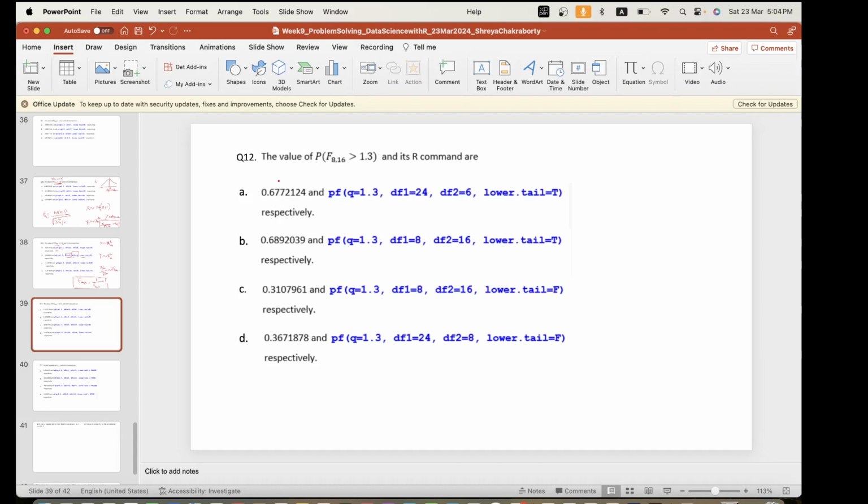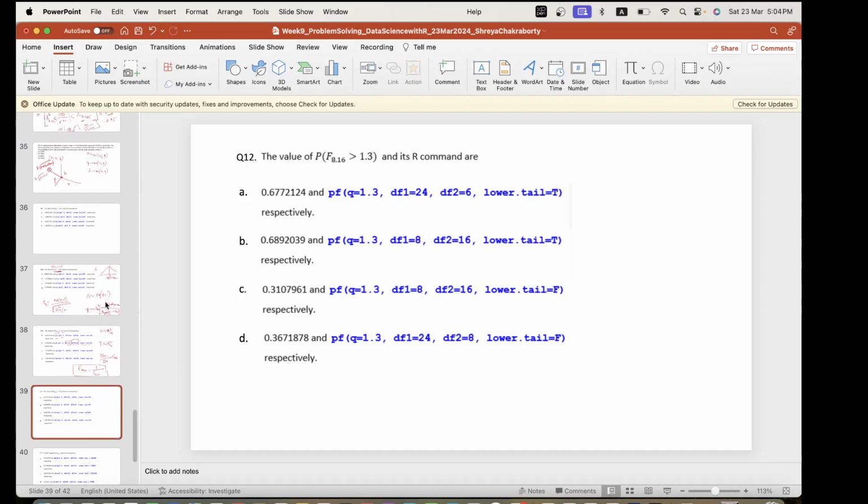But if greater than or equal to is given, then you have to give q equal to 3 if you want to give lower.tail equal to false. So be very careful about this distinction between discrete and continuous random variables in a discrete setup.